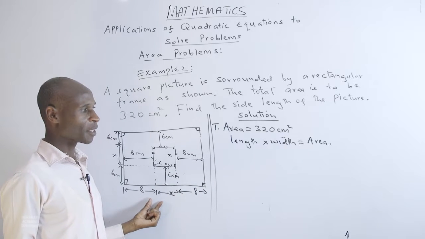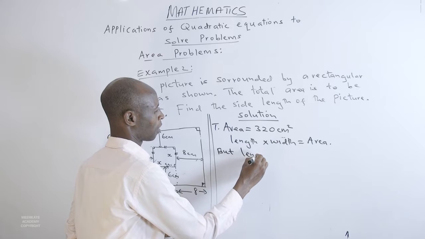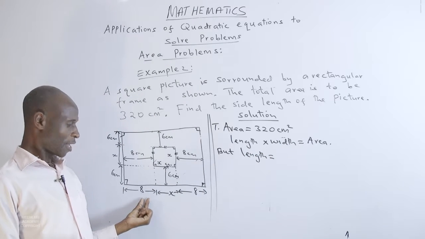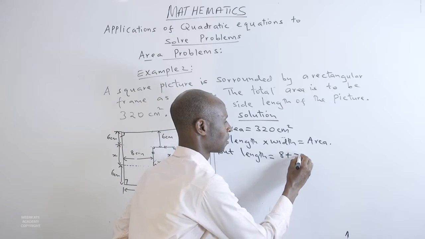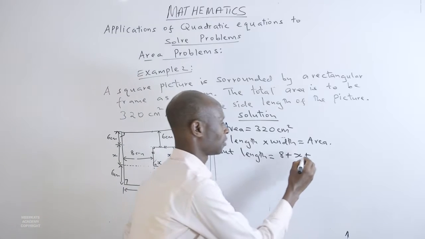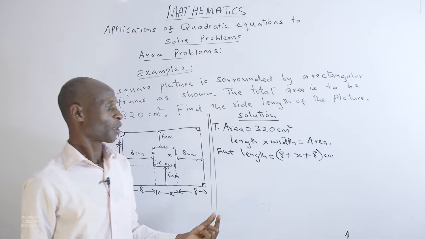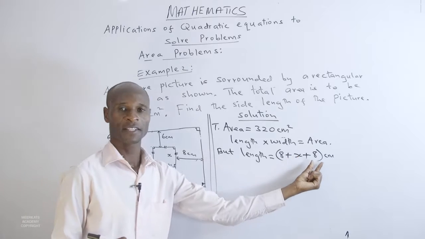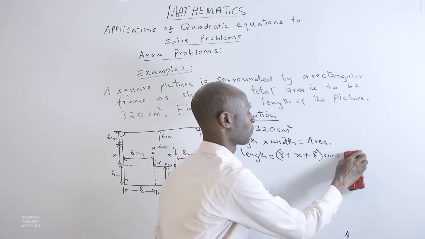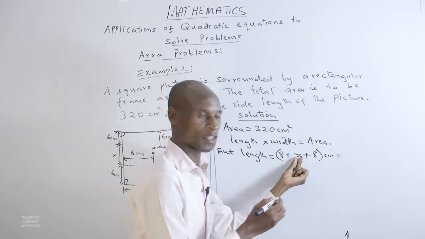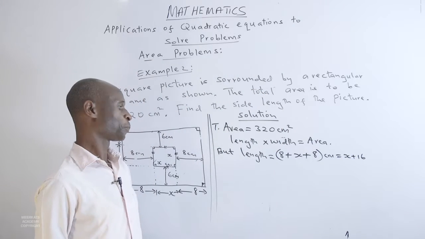Our length here is 8 plus x plus 8. If we simplify, 8 plus 8 is 16, and we have x. So we have x plus 16. Then the width.